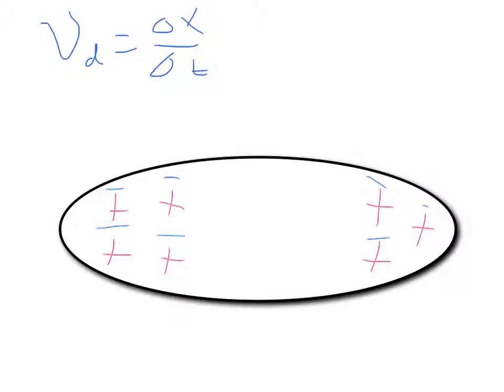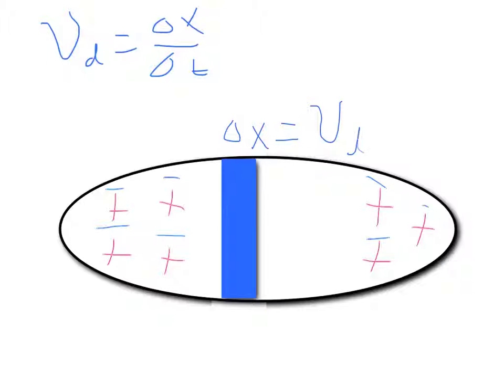So what was our x? Well, if you recall, our x was this cross-section of area in the wire, which is right here, and it was a thickness of delta x thick. So we could say then that delta x is equal to the drift velocity times time.